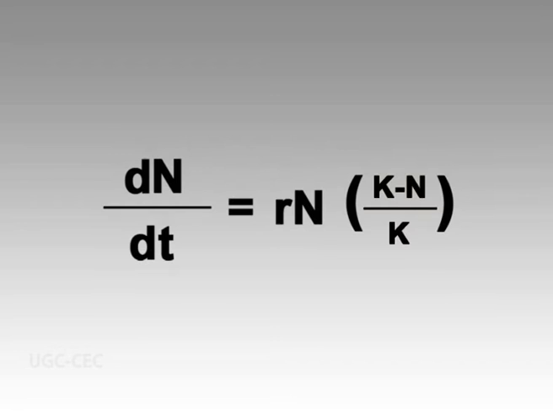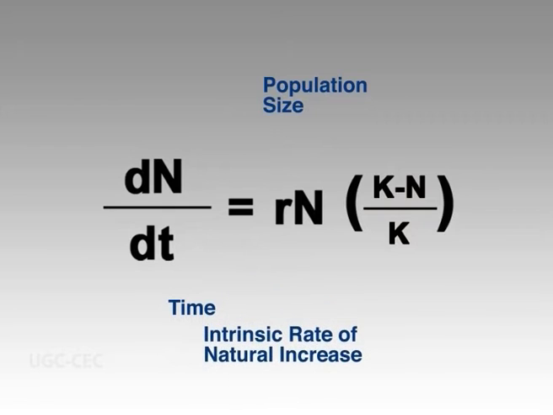Now, this sigmoid growth is thus density dependent and can be expressed by the following equation: dN/dt = rN (K - N)/K, where N is the population size, t is the time, r is the intrinsic rate of natural increase, and K is the carrying capacity.